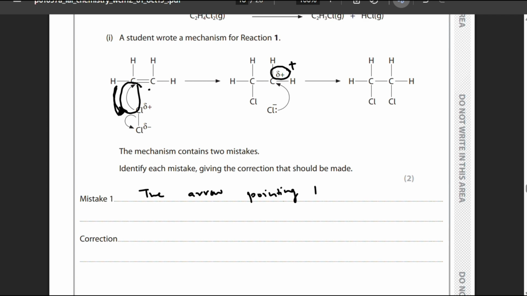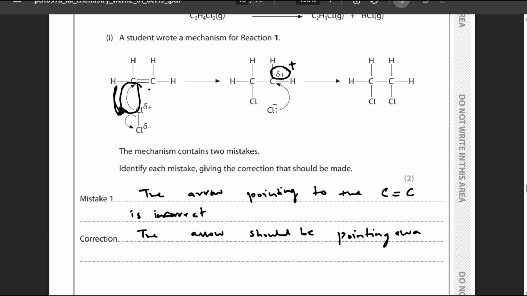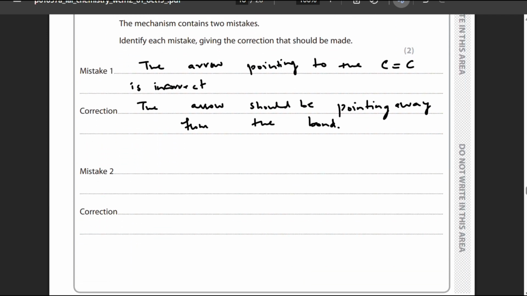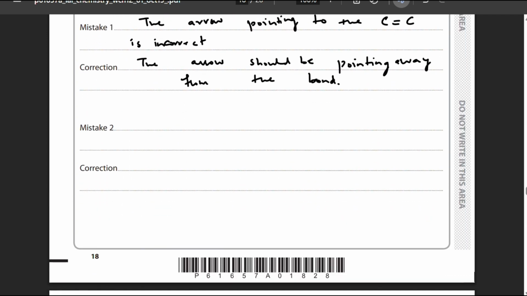The arrow pointing to the carbon is incorrect. And what is the correction? That the arrow should be pointing away from the bond. Okay. Now, mistake 2.